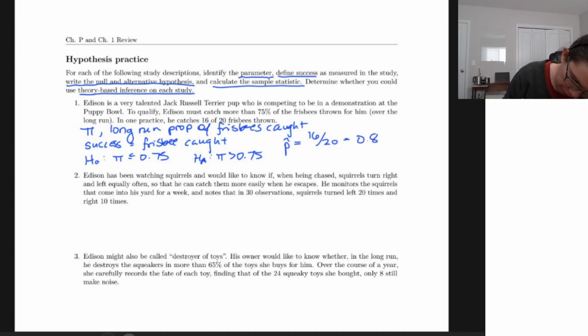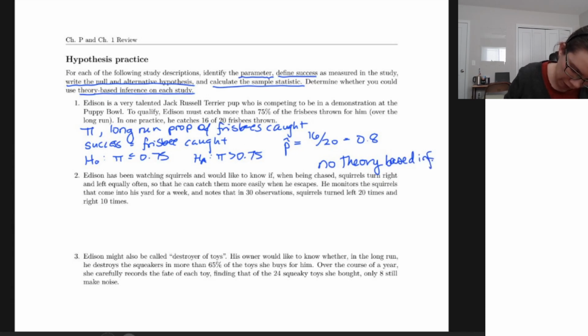All right. Then, could you use theory-based inference on this study? We have n of 20, but we have 16 successes and 4 failures, so no theory-based inference, because we don't have enough failures.